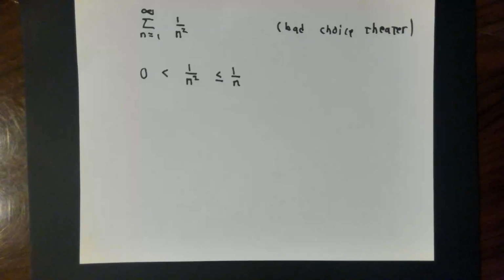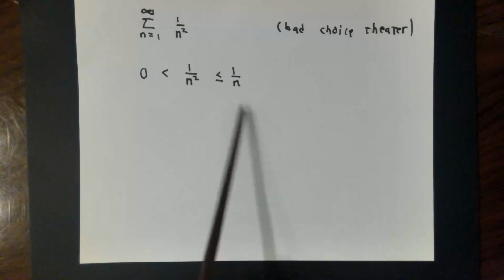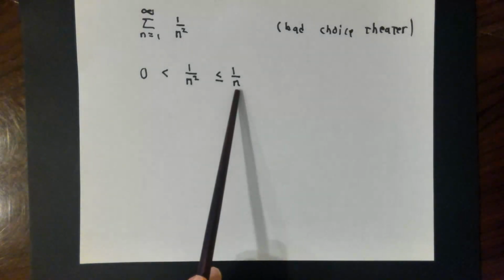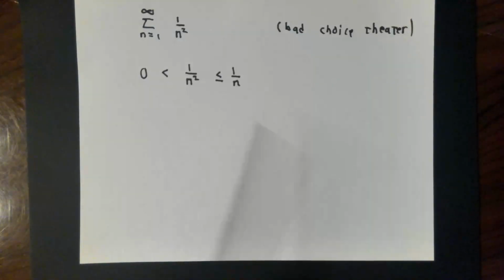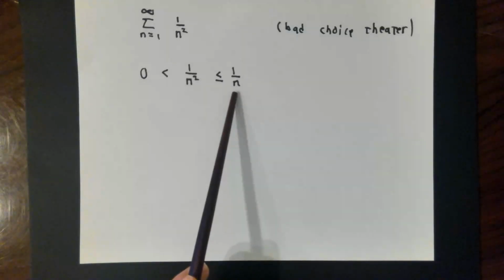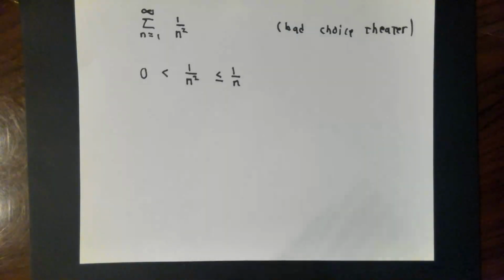What the direct comparison test tells me is this: if the sum of these quantities converges, then the sum of those quantities converges. Unfortunately, the sum of those doesn't converge, so that part of the direct comparison test does not apply to this.